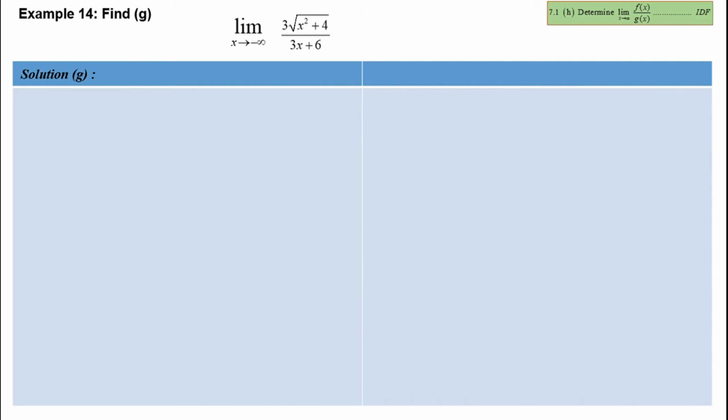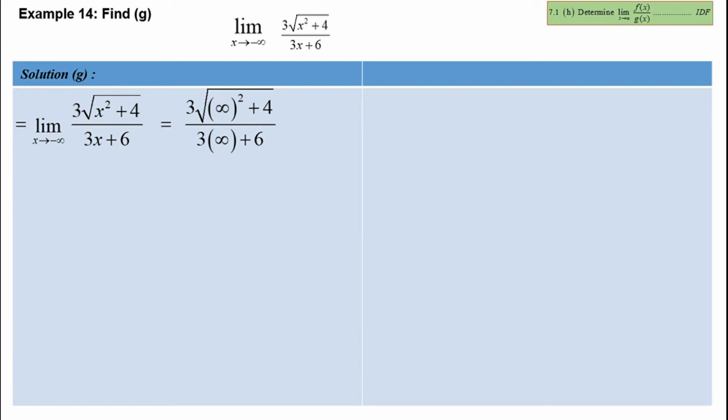Solution for 14g. For this question, we must test the function first, by substituting the value of x with infinity. And we get infinity divided with infinity. So, this is an indeterminate form, or we may call it IDF, as a short form.